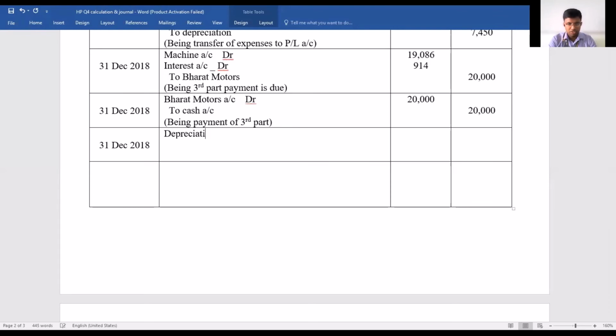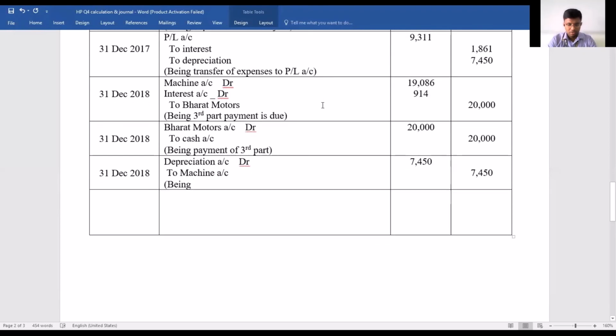So depreciation account debited 7,450 to machine account 7,450 being depreciation for third year.